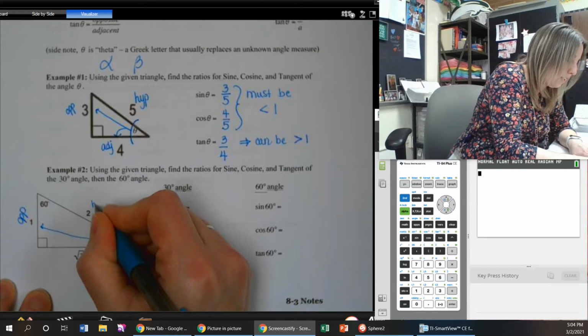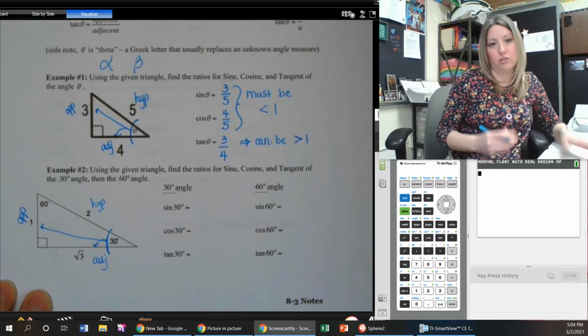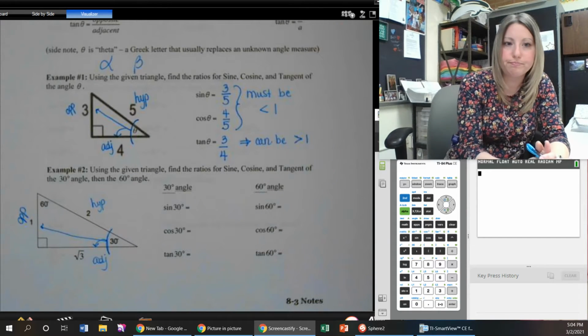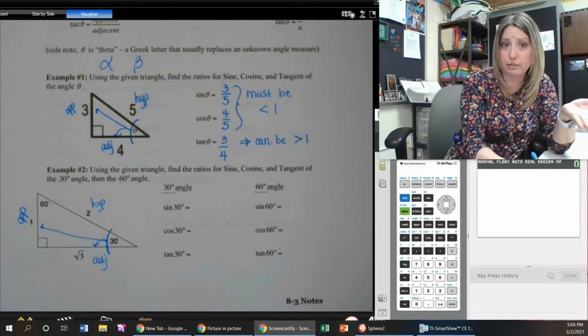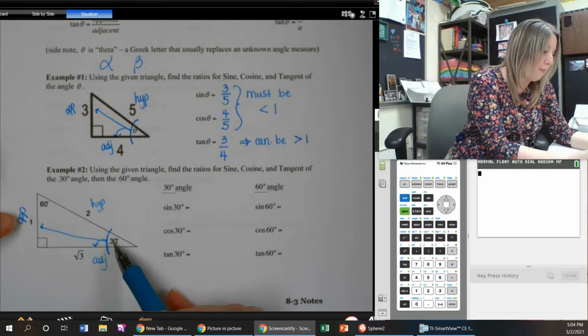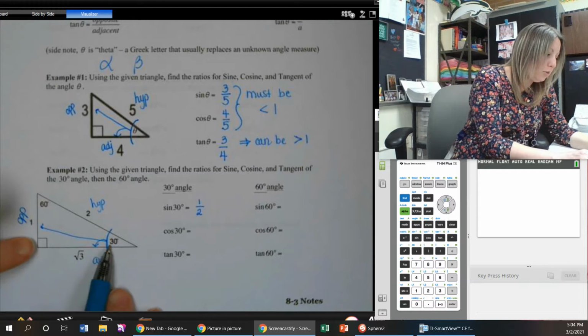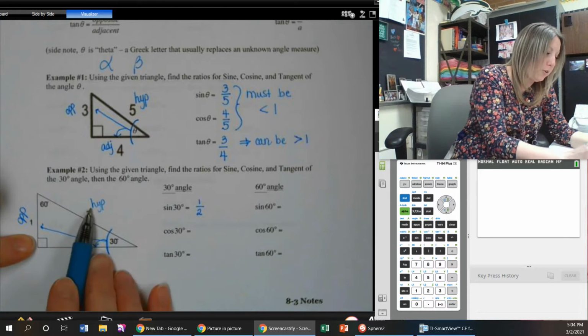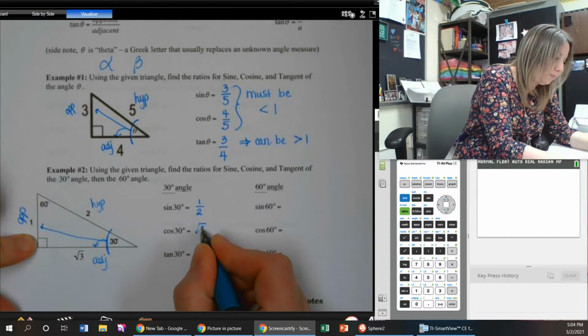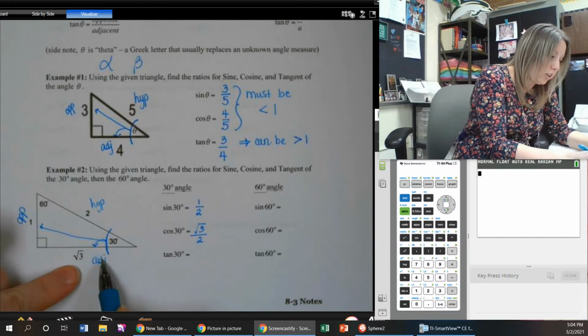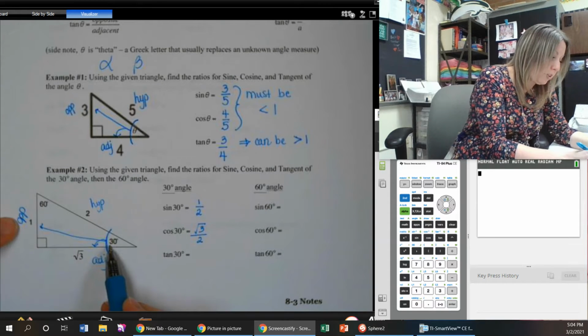And of course, the longest side is the hypotenuse, the side across from the right angle. Let's do the comparison. Sine is opposite over hypotenuse, 1 over 2. Cosine is adjacent over hypotenuse, radical 3 over 2. Tangent is opposite over adjacent.